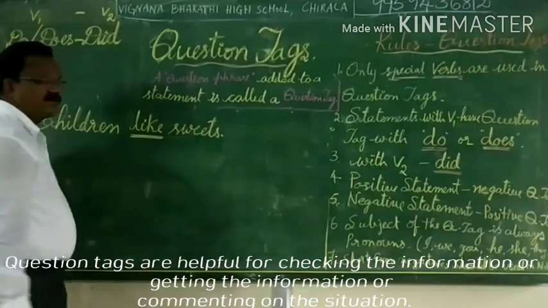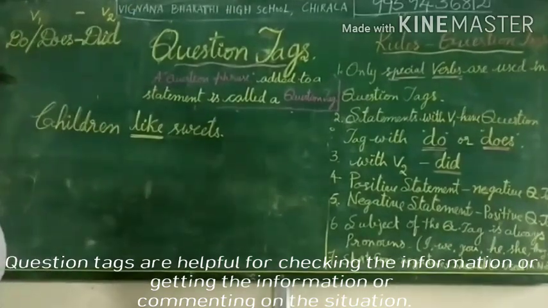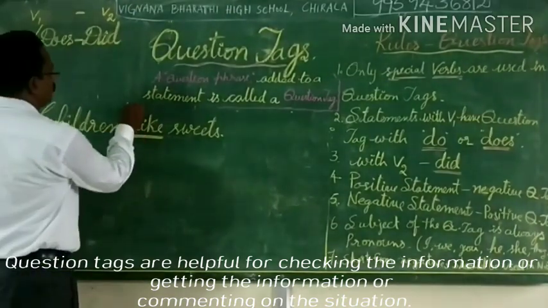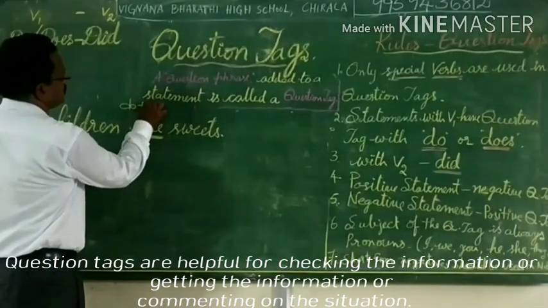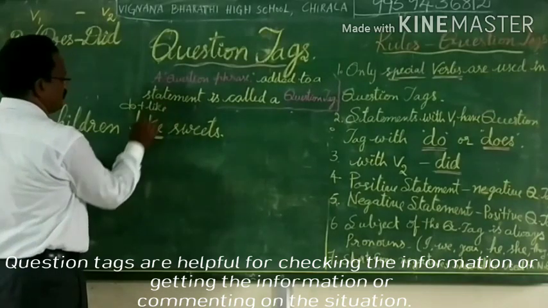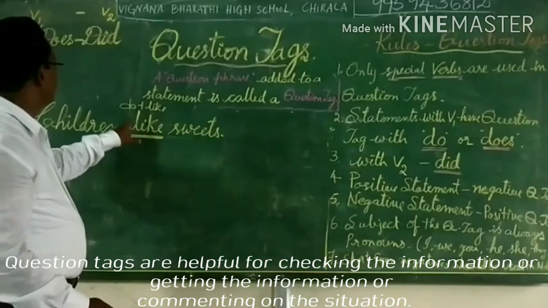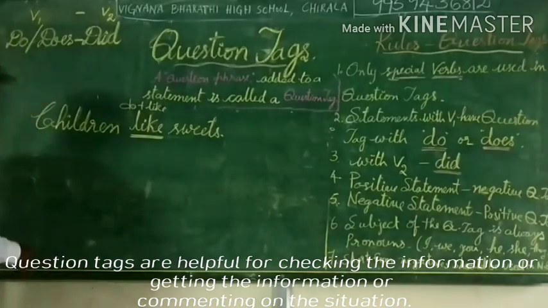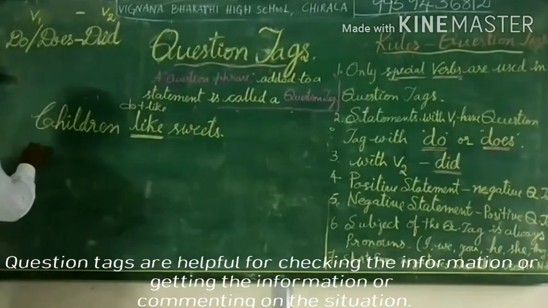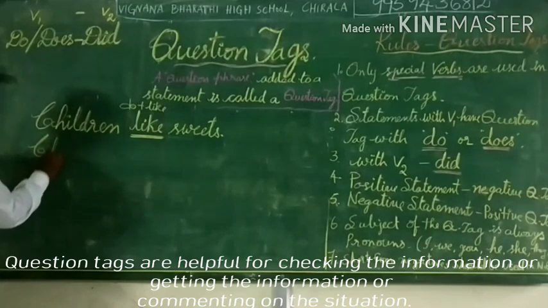Like is the verb, so it is in do form. Do plus like. The statement is a positive statement. It is under do form. That is why for a positive statement we need to write a negative question tag.